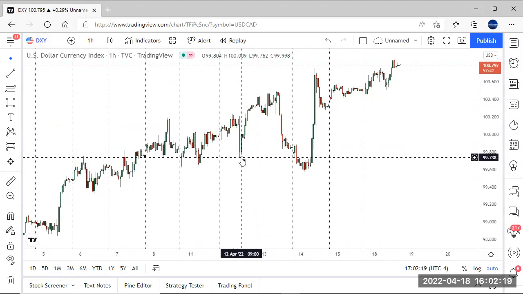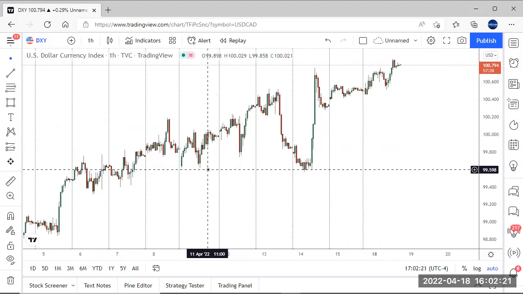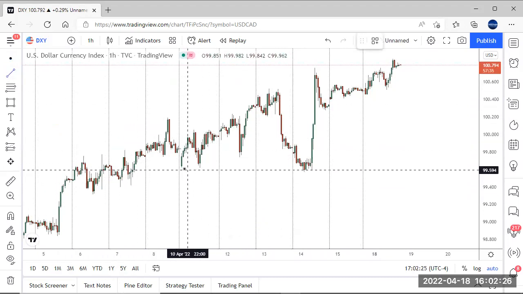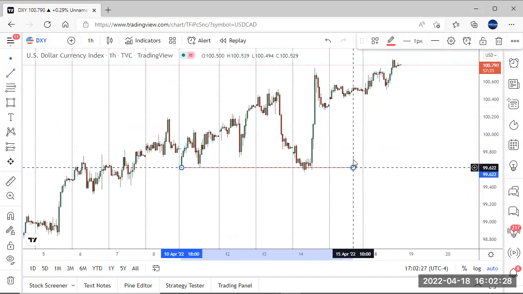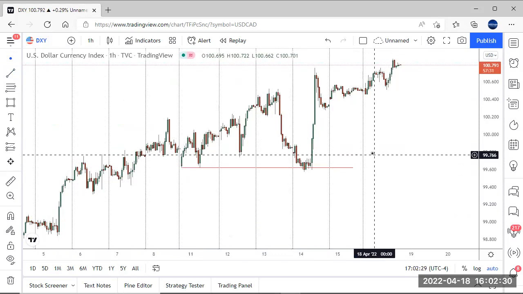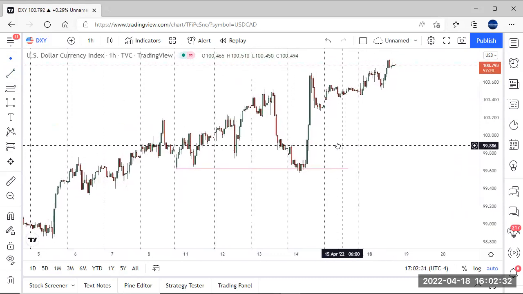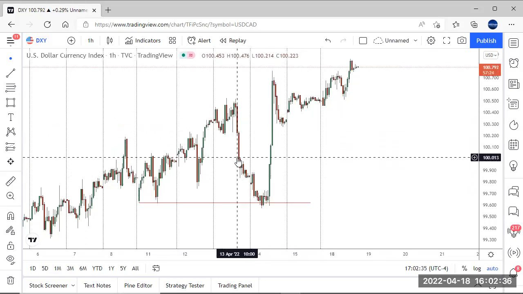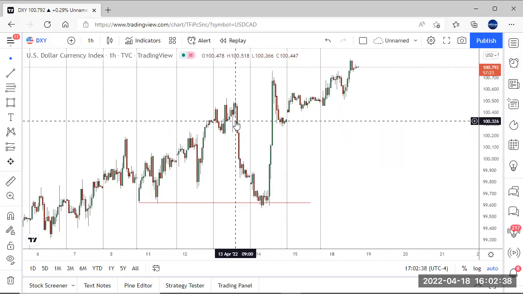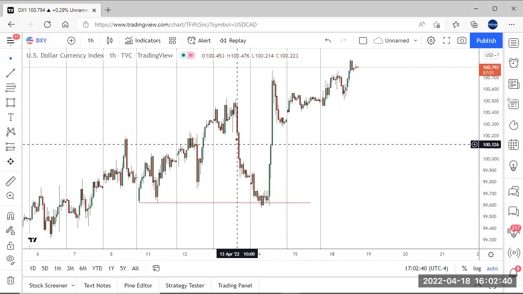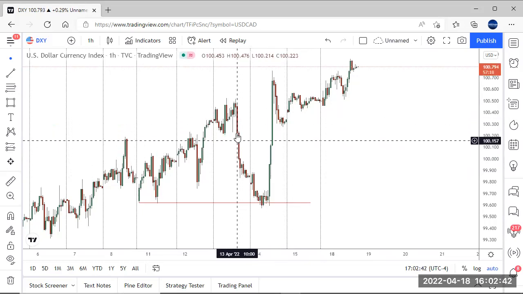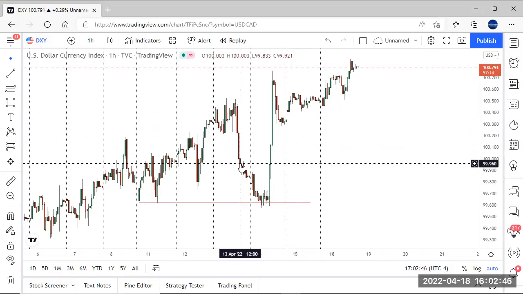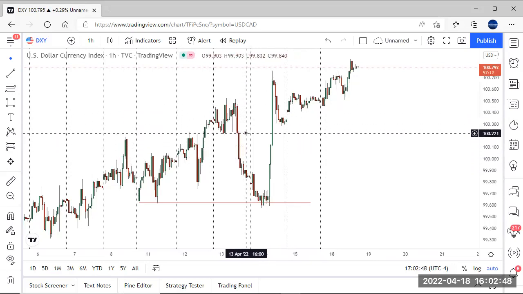They take out liquidity here. They take out these equal lows right here. So when they do that, you should be thinking, okay, this pair could go higher. You want to also note that there are imbalances right here inside of these large singular red candles. It's way too large of a candle. They never offered it to the buy side.